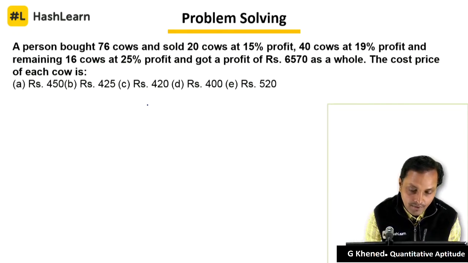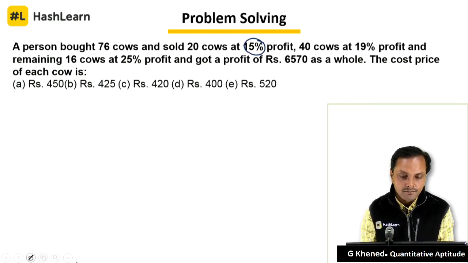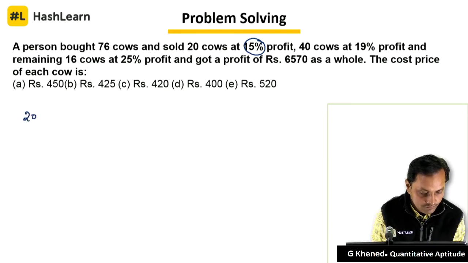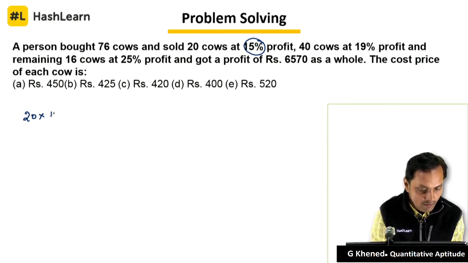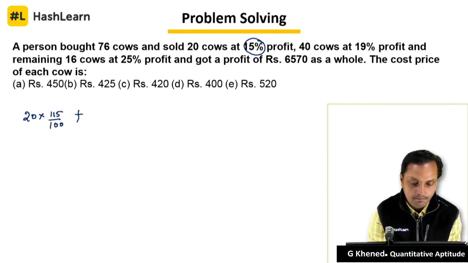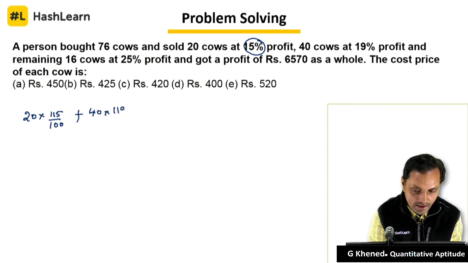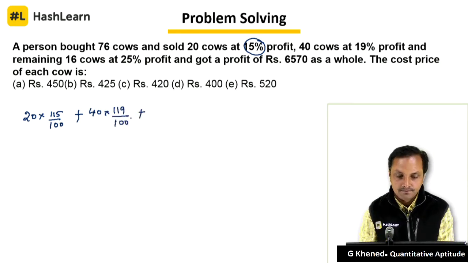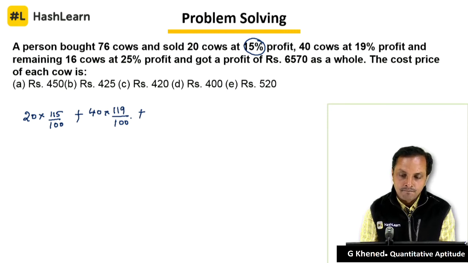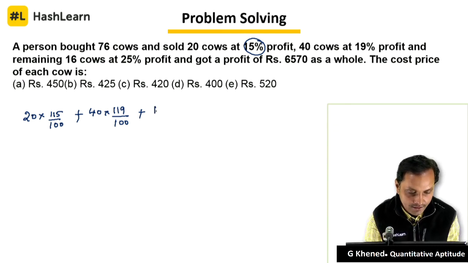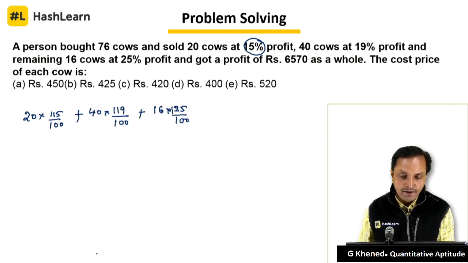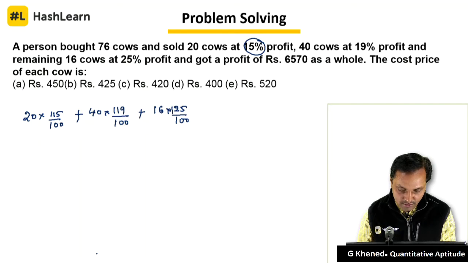See here, 15% profit: 20 cows into 115 by 100, plus 40 cows at 19% profit, which I will take as 119 by 100, and the remaining 16 cows at 25%, 125 by 100. And the total profit is how much?